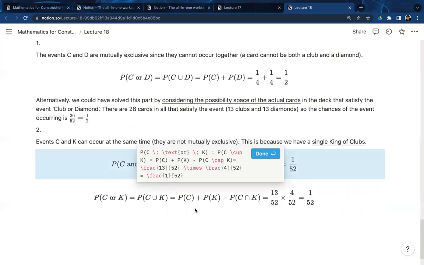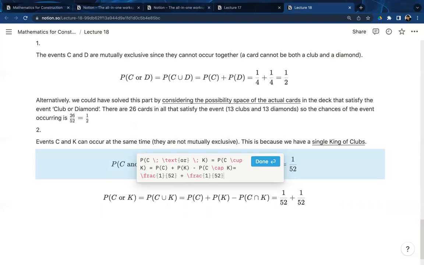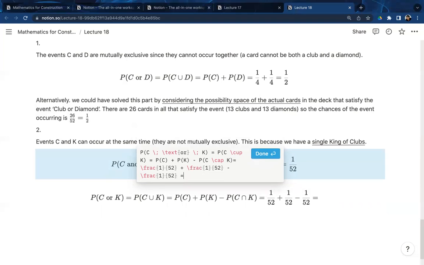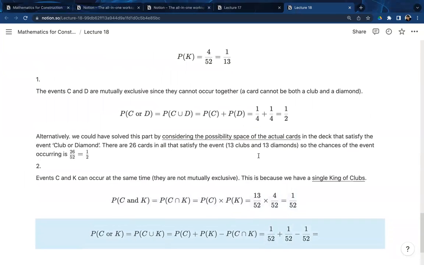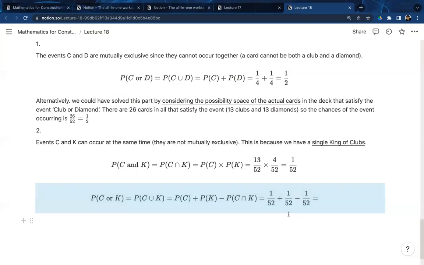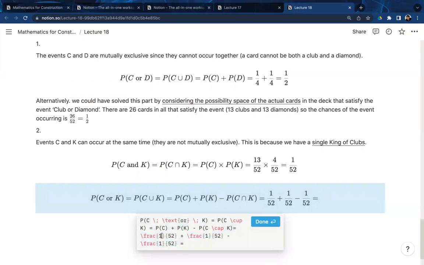So what's that? You add two fractions and you subtract another one. What are we adding? Club is 13 clubs. A king, we have 4 of them. And we want to minus that one that is in the intersection.